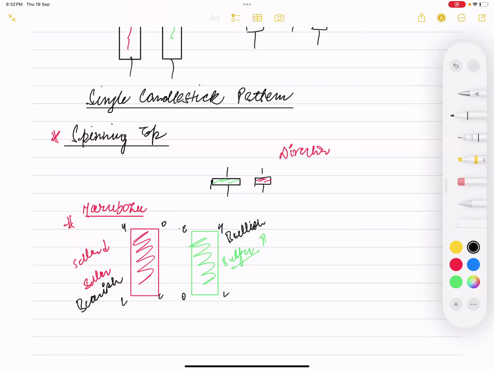Since they do not have any wicks, the open and high, close and low would be equal. You can write this down: in case of a bearish Marabuzu, high would be equal to open, low will be equal to close. Just a second.